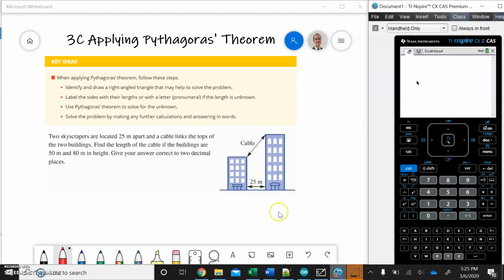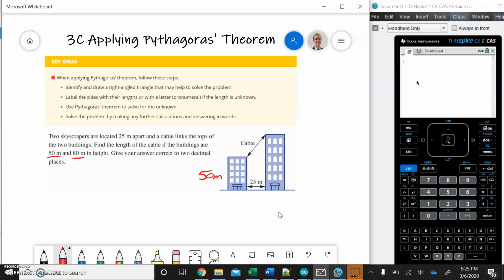If we start to label our diagram, we know that the shorter building is 50 meters in height, and the taller one is 80 meters in height. We want to find the length of that cable there.